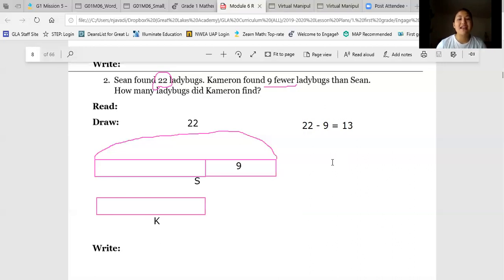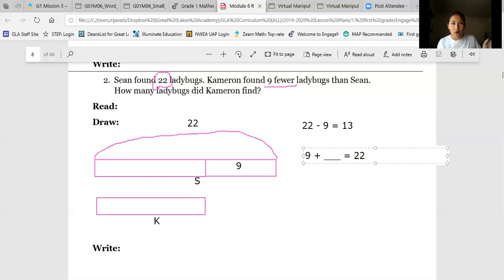Nice job. Now let's solve using an addition number sentence. If I'm going to use an addition number sentence, I'm going to start with the part that I know. Let's start with 9. And we don't know how many more we need to get to 22, which is our total. Grab 9, count all the way up to 22.